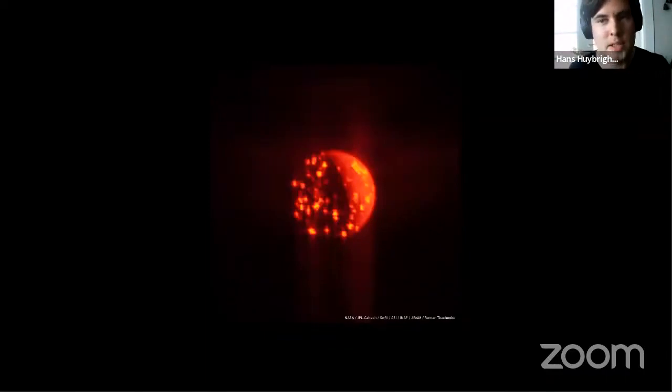This is a picture of Io, but not with the light that we usually see, but the heat radiation. So what you see here, these bright spots, are all kinds of places on Io where it's very hot. And you can see that there are these spots everywhere. And each of these very hot spots is a volcano that's erupting on the surface of Io. So they're everywhere and they're going on all the time. So it's full of volcanoes on Io.